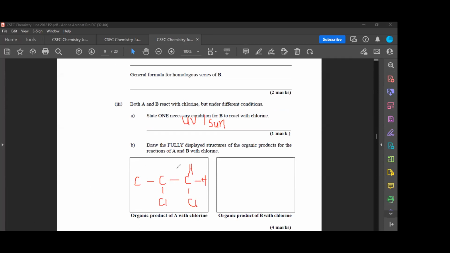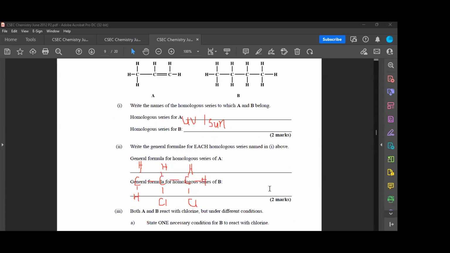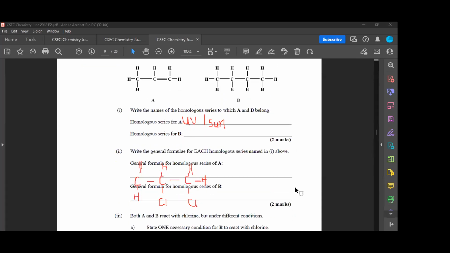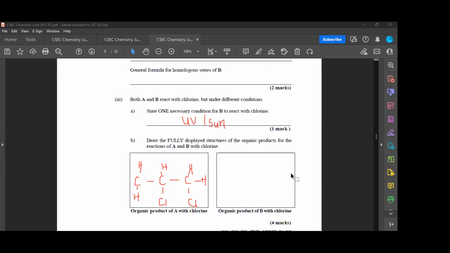What about B? What would happen with B? Sir, substitution. Substitution, what would be substituted? Sir, two of the hydrogen would be replaced by the chlorine. 2 of the hydrogen will be replaced by the chlorine. That's what everybody says, right?